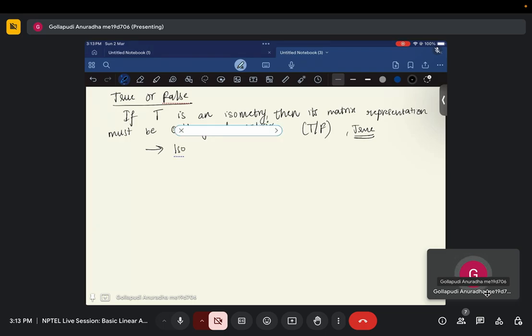Okay, so first of all, the properties of an isometry are that the lengths of the vectors are preserved, and also the angles between the vectors will be preserved.